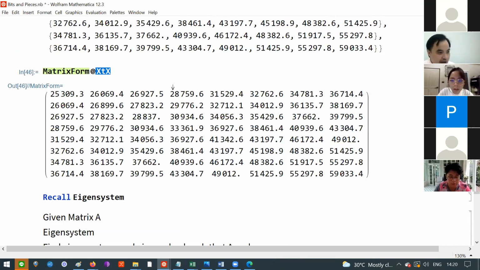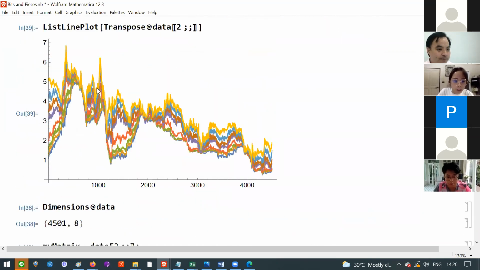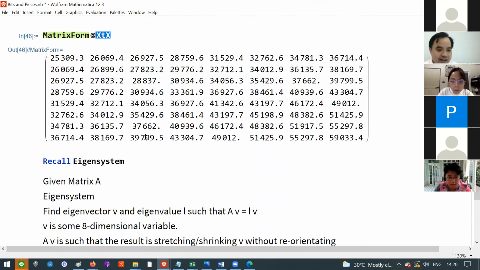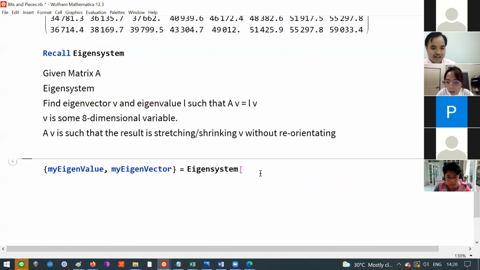It captures the essence of all this movement together. When you study investment, like portfolio investment, you hear words like variance, covariance, matrix, or that sort of thing. It comes in under similar kind of thinking.